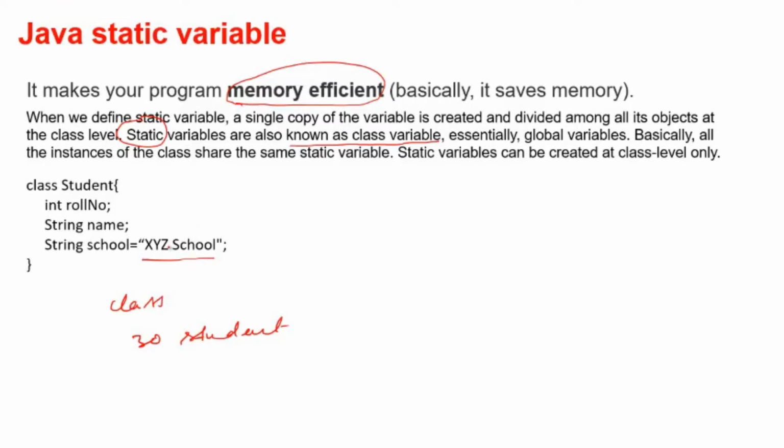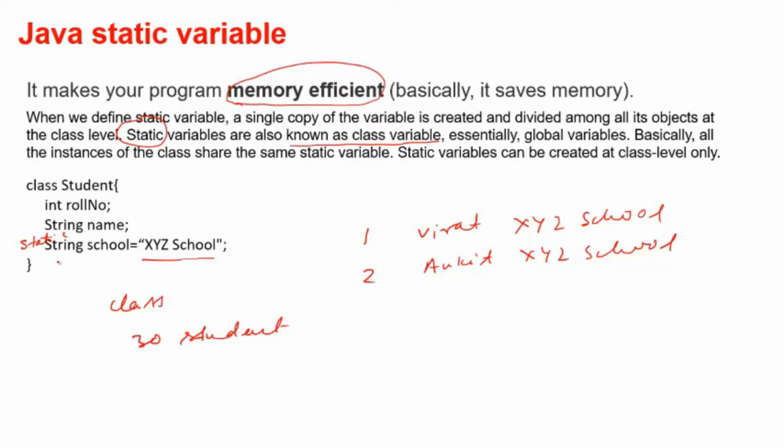Let's say the school is XYZ. One student has roll number 1, and his name is Virat, and his school is XYZ, because he is studying in that school. Another student has roll number 2, Ankit, and his school is also XYZ, because the school remains the same. Once we define the string here, we define it with the static keyword.